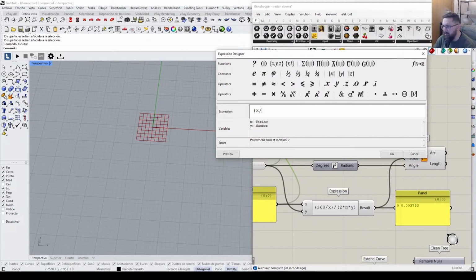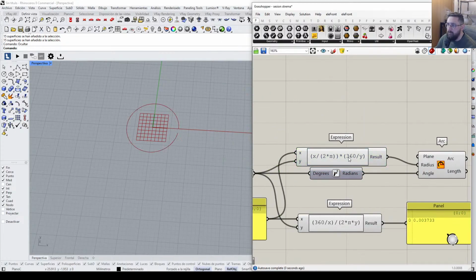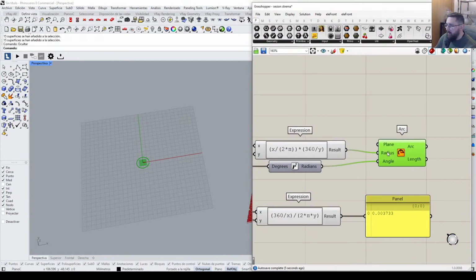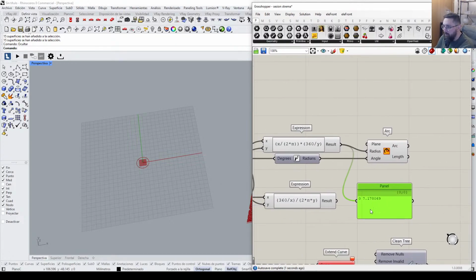No, it shouldn't be that, right? 2 times pi, multiply this by open brackets 360 divided by y. Same thing. Now it works, right? How amusing. Okay, that works. 7 point whatever.